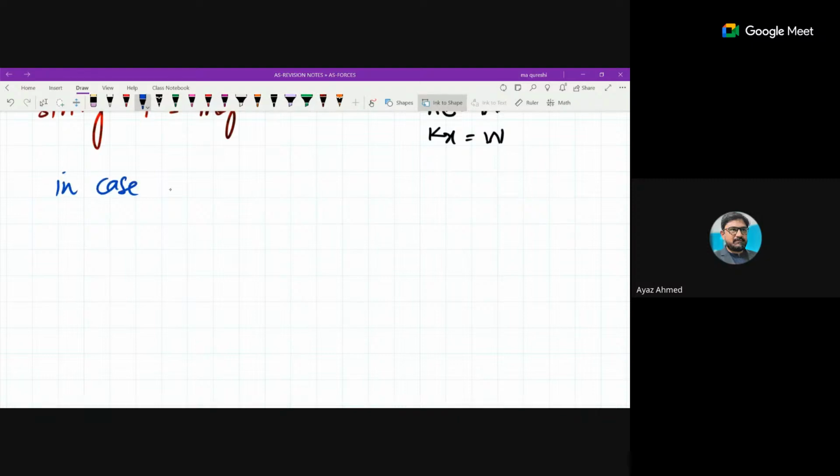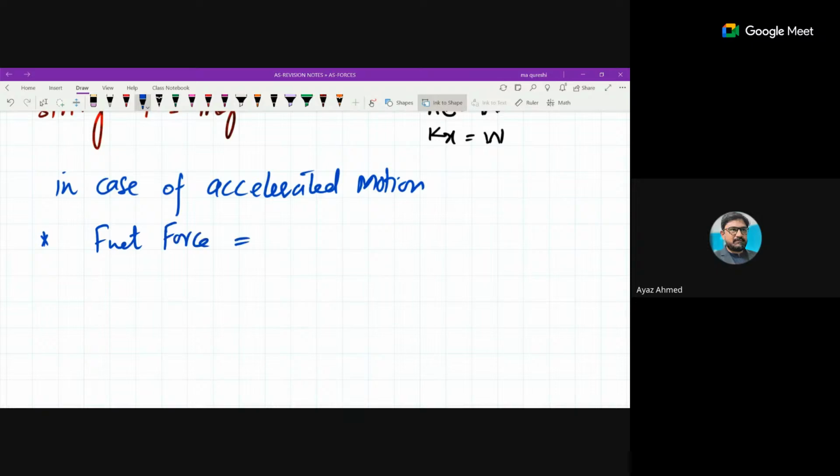In case of accelerated motion, you know what happens? Net force is equal to what? Net force, a resultant force, is driving force minus resistive force or opposing force.